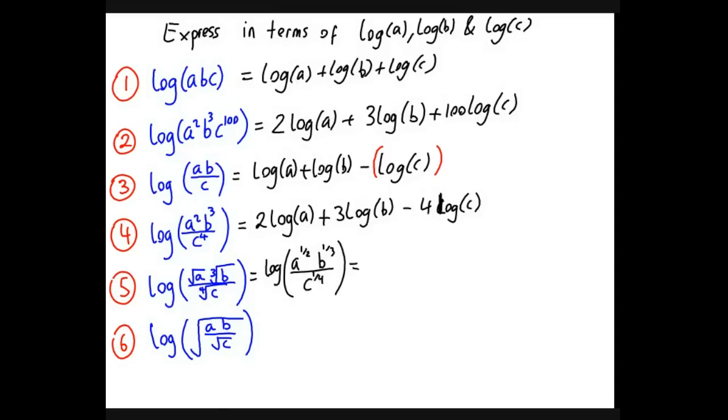Or you don't need to do any flipping. Flips are usually with negative indices. Okay. So you've done the hard work actually. So at this stage, you can now, would it be a half log A? Yep. Half log A plus a 1/3 log B minus a quarter log C. Yep. Oh, thank you. Nicely done.